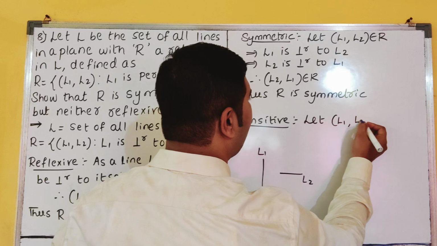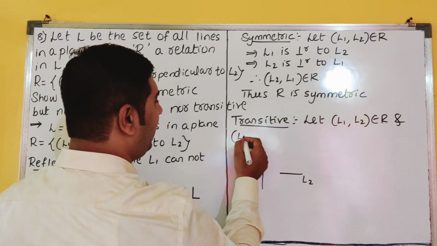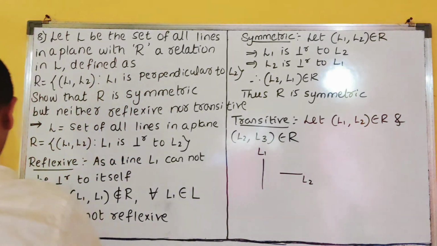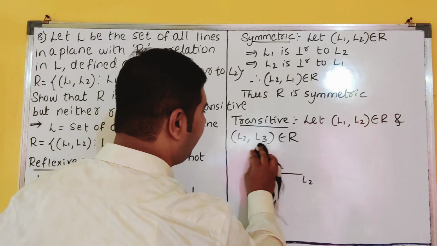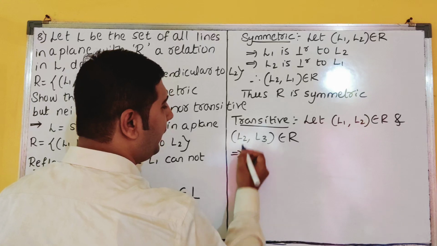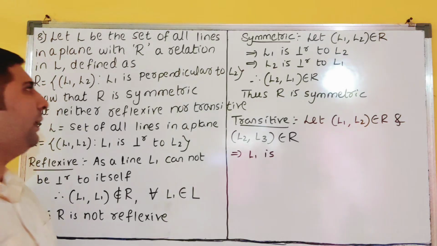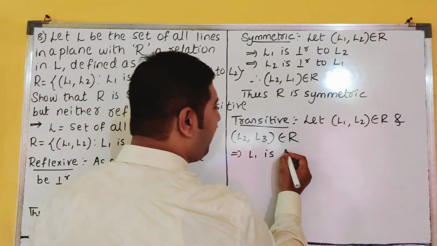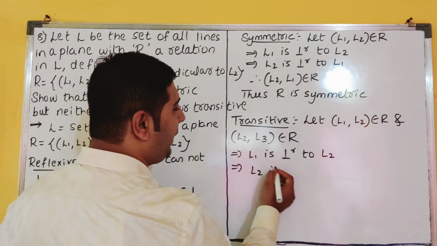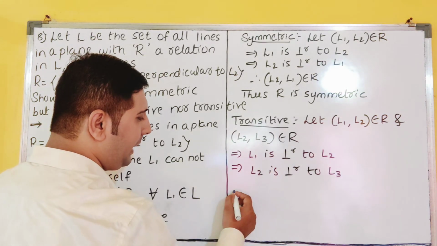Let (L1, L2) belong to R and (L2, L3) belong to R. So this implies, as the definition is given, L1 is perpendicular to L2 and L2 is perpendicular to L3. Correct? Now see.